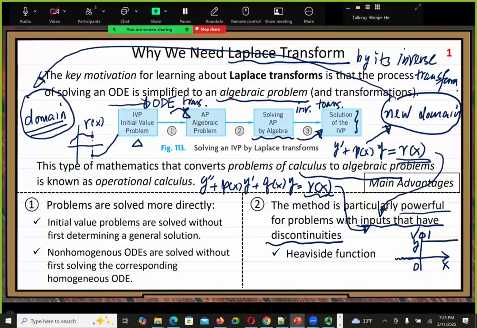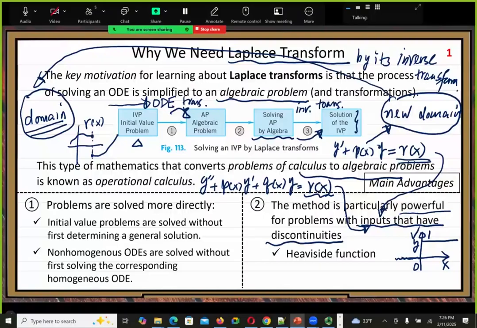So at 0 you have a discontinuity: you jump to 1 after 0. Before 0, it's 0. After 0, it is 1. So that is the Heaviside function. This function looks very simple, but it is very useful. Later you will see it in the Laplace transform.